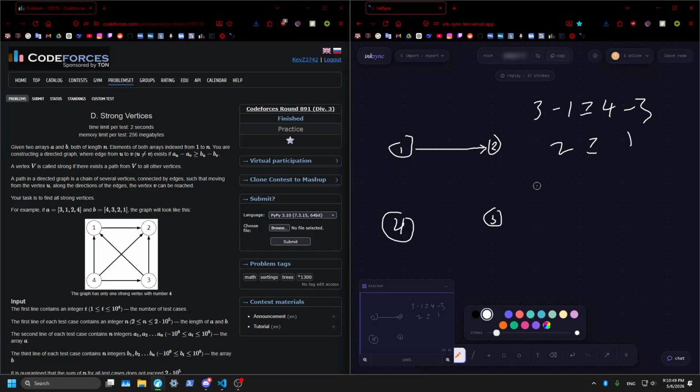And then from 2 to 3, we have 1 minus 2 greater than or equal to 3 minus 2. This is negative 1, this is 1. This is not true, so there's no arrow here. Instead, it's like this. Is that the case?